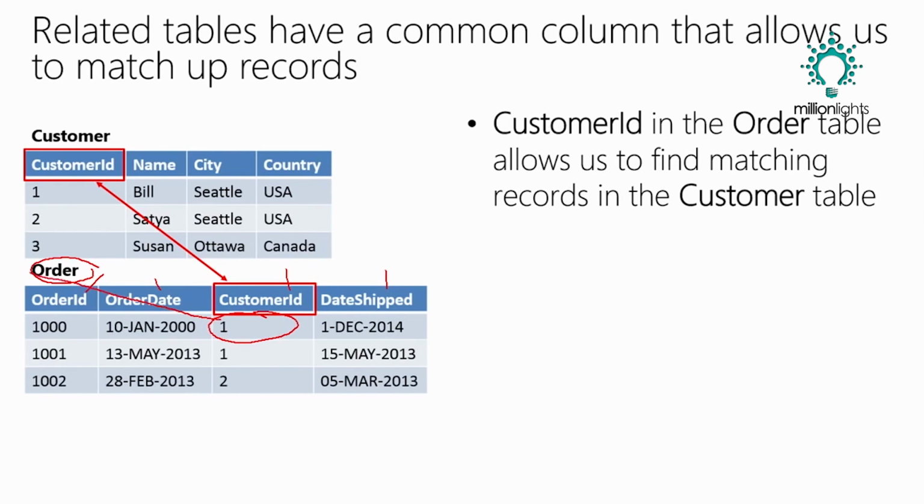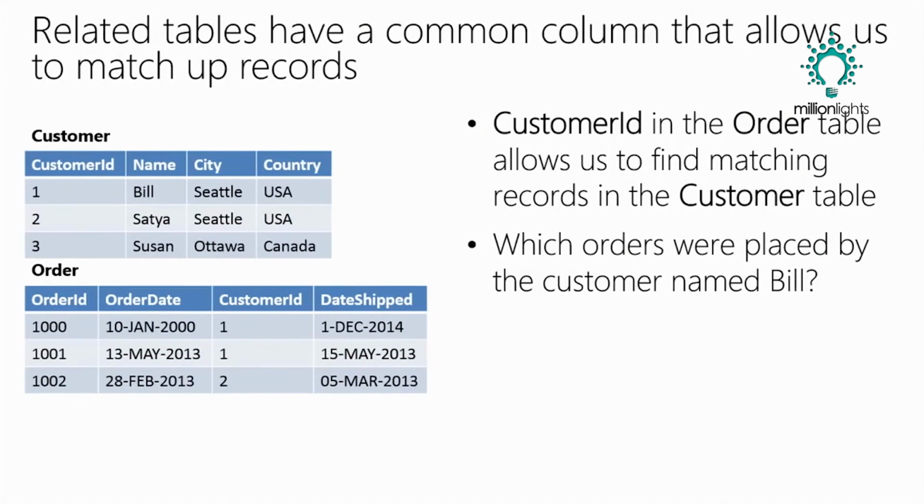Based on that, I can go look up in the customer table, and I can see that customer ID 1, oh, that's Bill. He lives in Seattle in the USA. So when I need extra details about the customer who placed that order, I just go get it from the customer table as needed. Those two columns that sync up allow us to make that relation. That's what makes it a relational database. So that's a very key concept when we talk about relational databases.